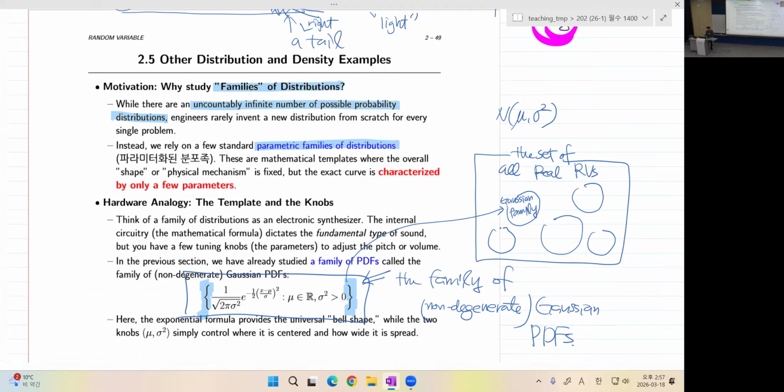That's related with our mathematical modeling. Sometimes we find every reason to approximate our random something as a Gaussian random variable. Then what do you want to do? You just need to find the mean and variance of this distribution, right?